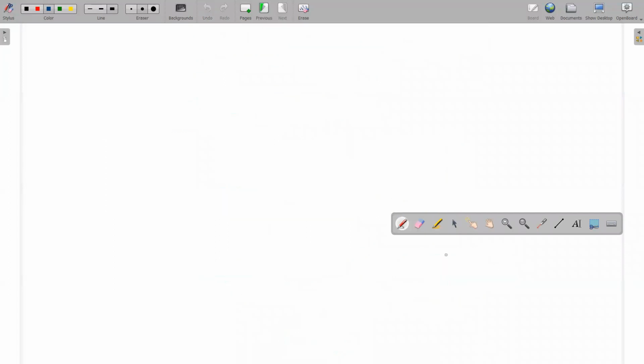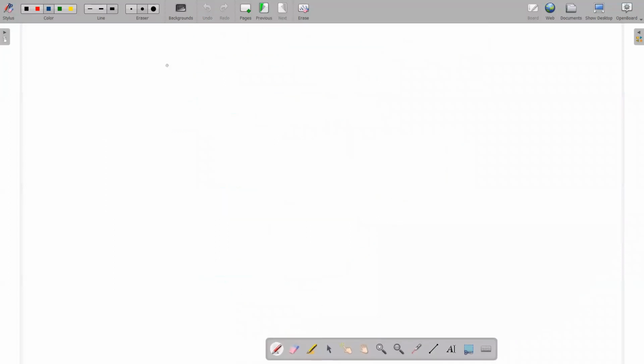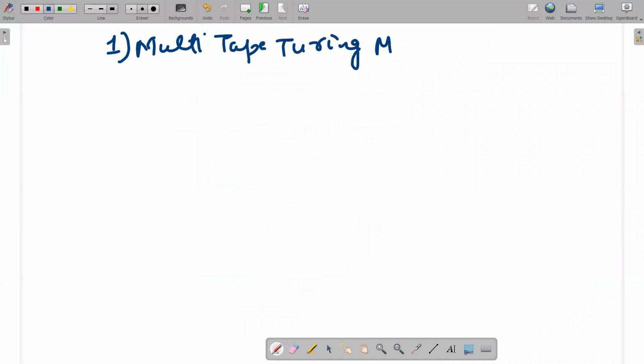One of the variants that we will be discussing is the multi-tape Turing machine. As the name suggests, multi-tape means we are not limited to one tape like we discussed in the normal Turing machine. We have multiple tapes.